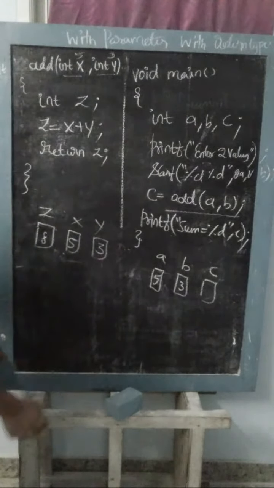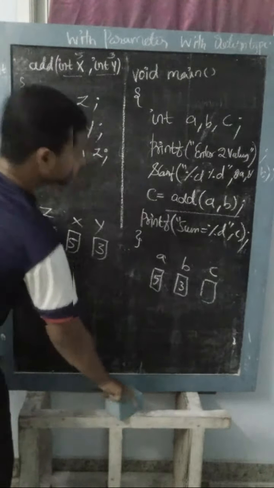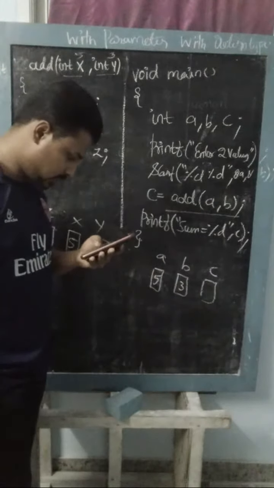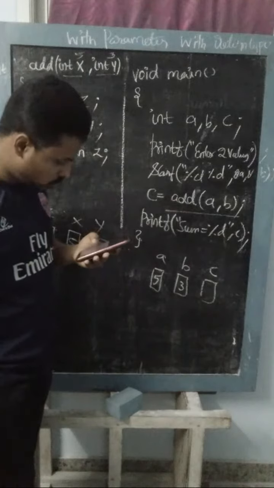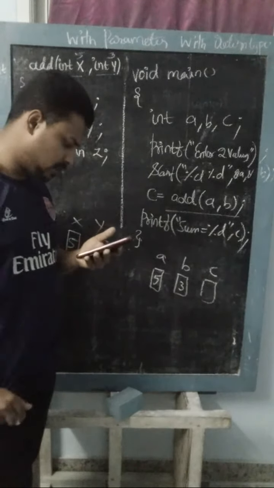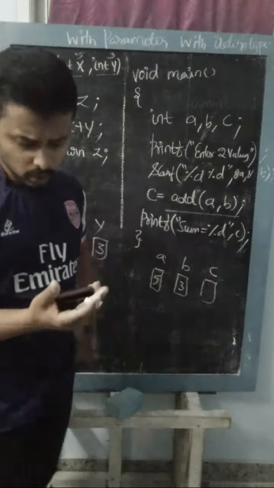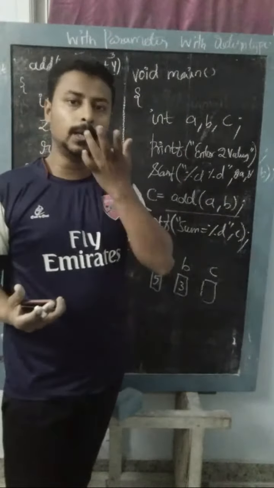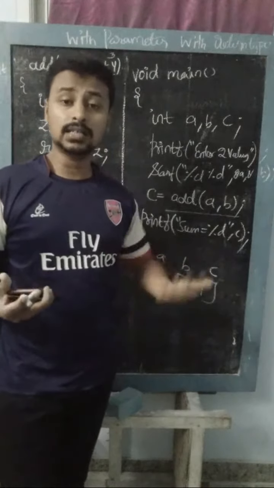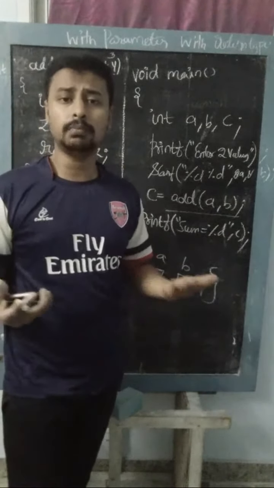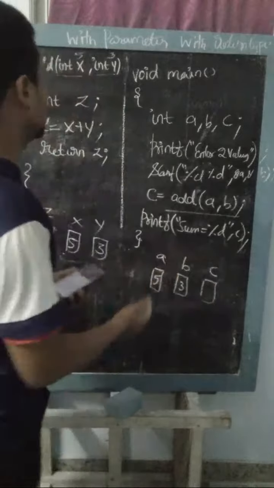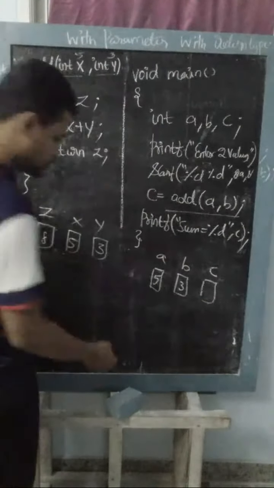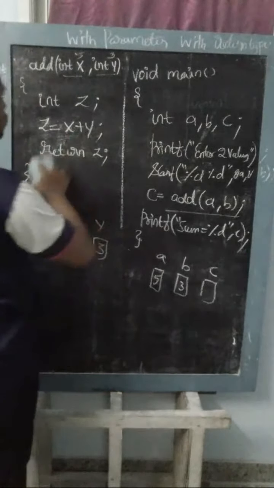So now, DRJ asked one question: what about function declaration? We don't need to write it here. Yes, that is right. Sometimes, based on the compiler, it will ask about the function declaration, and sometimes it may not. Anyway, since you have a doubt, we have to clear it.